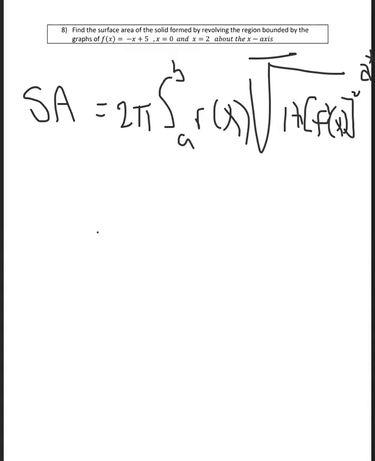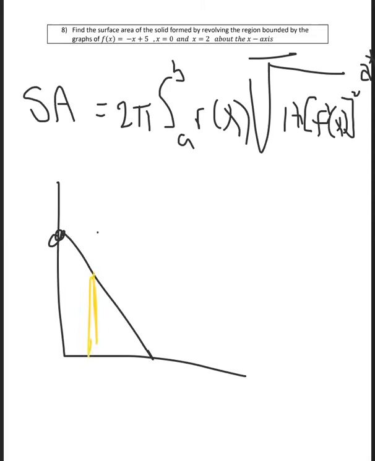The reason you're adding 2 pi is because you're revolving it around a region, so 2 pi accounts for that revolving factor. But what's r of x? When you have a graph, and let's say that we're plotting negative x plus 5, over here, and it goes down, r of x is the distance between your graph and the axis of rotation.